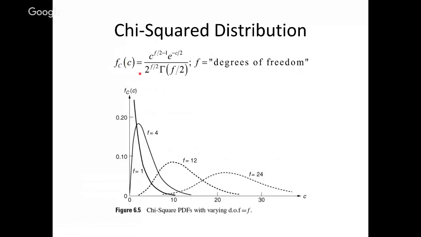And you can see that the chi-square distribution has essentially only one parameter, and that's f, the degrees of freedom. Depending on the choice of f, we get very different shapes for the chi-square distribution. When f is equal to 1, the probability is bunched up right near the origin. And then as we increase the degrees of freedom, it spreads out further and further.